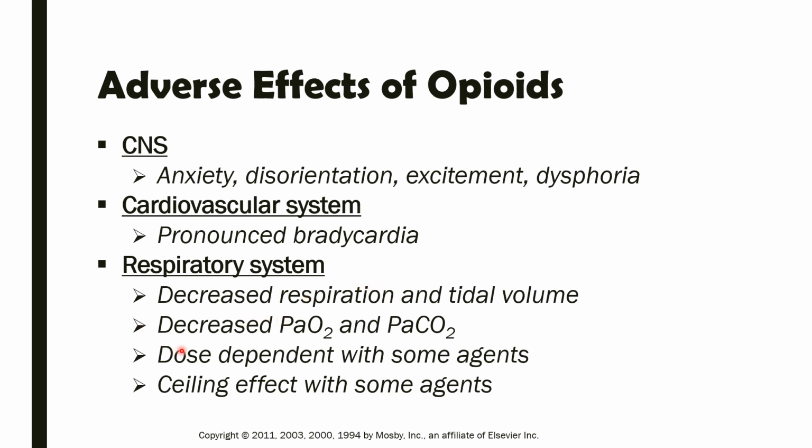It is dose dependent with some agents, and there is also a ceiling effect with some agents. When we say ceiling effect, once you get to a certain dose of the opioid, it doesn't get any worse. That is the ceiling effect of this respiratory depression.